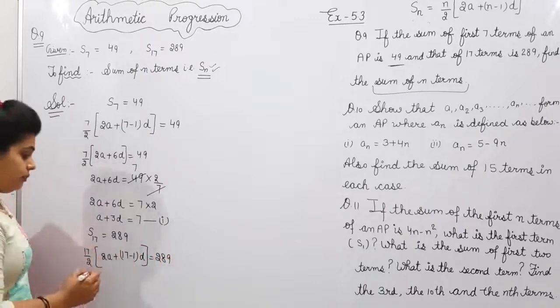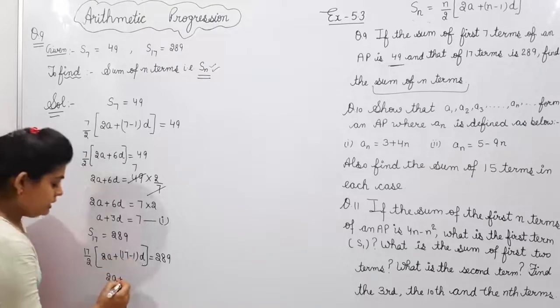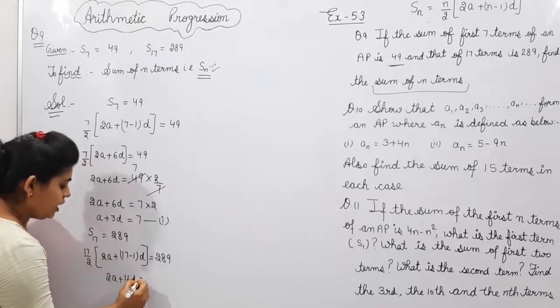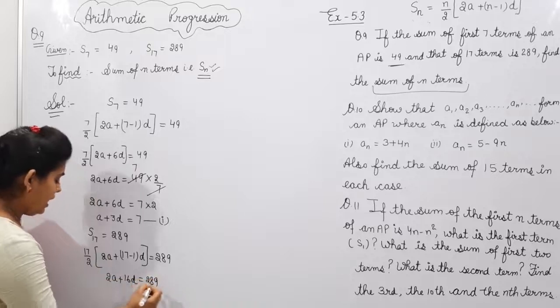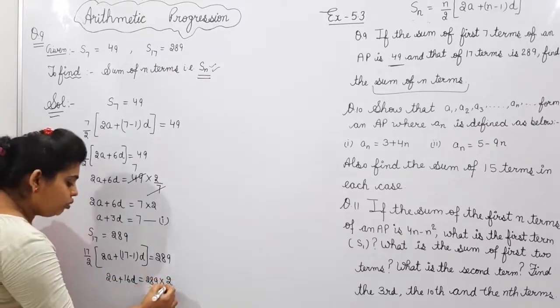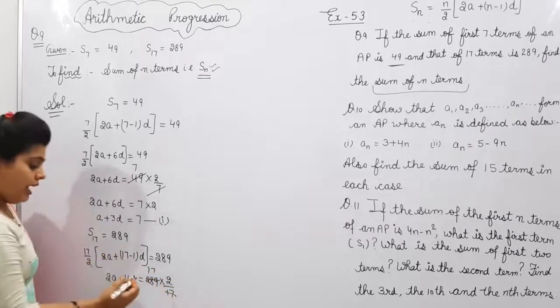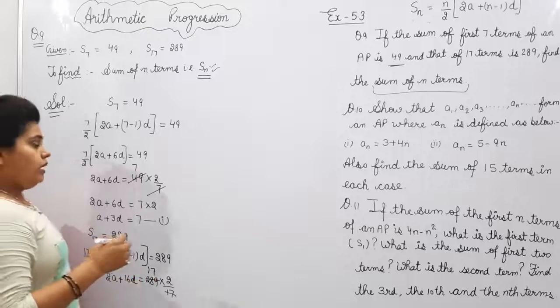And from here, 2a plus 17 minus 1, 16d, will equal 289. Here 17 by 2 is there. When we bring it here, it will become 2 by 17. 17 17s are 289.